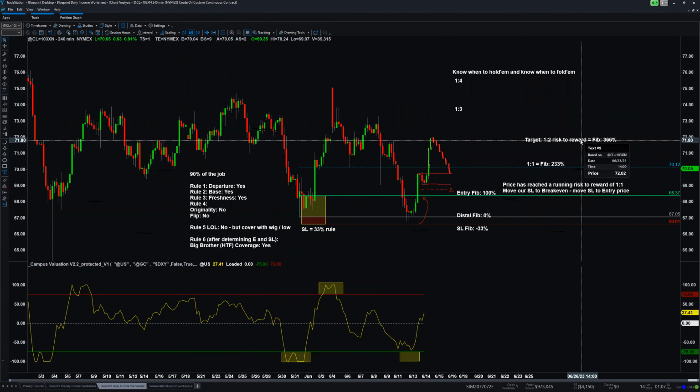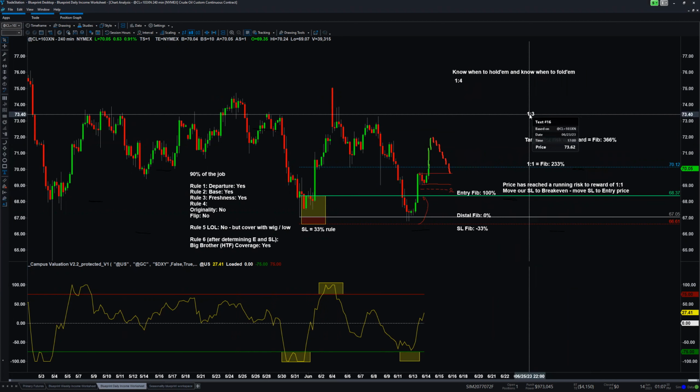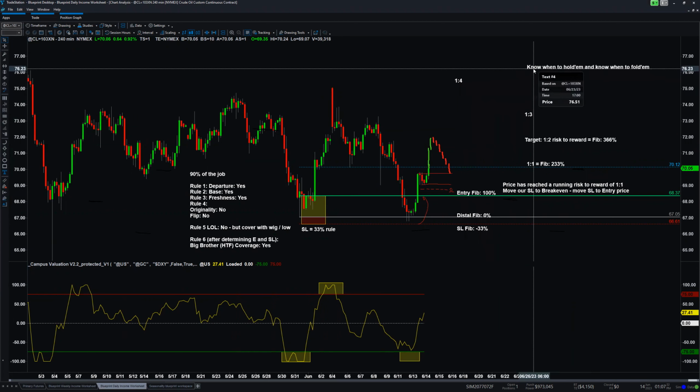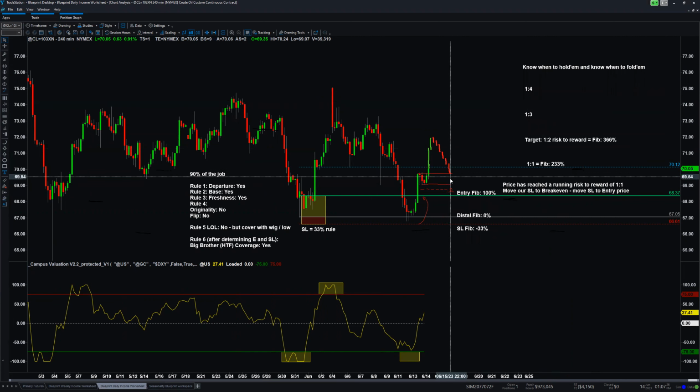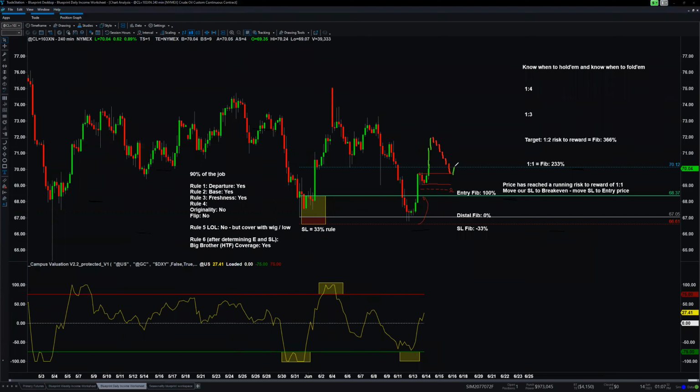Of course, with yin comes a yang. What's going to happen is, hey, you may stay in that trade now, right? And if price moves higher, if price really is going to move higher, then with that, you have the option and the possibility to potentially stay in this trade.